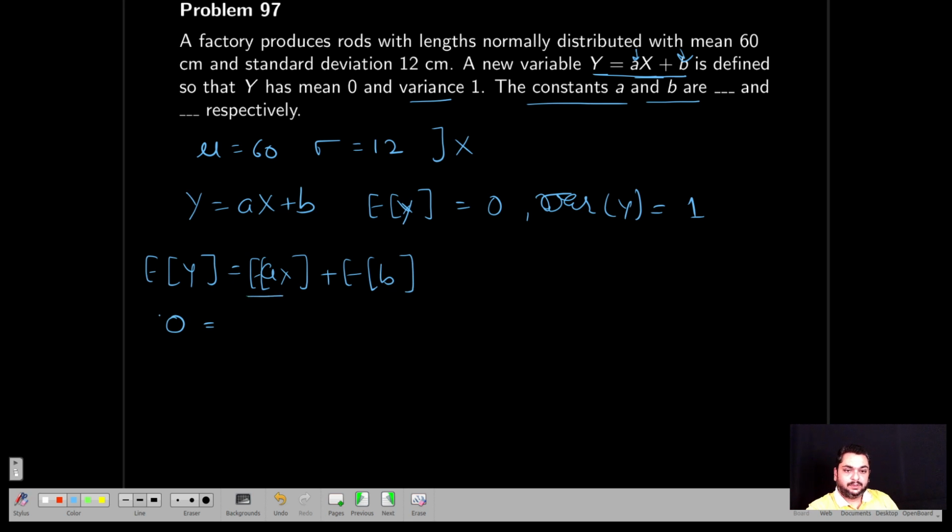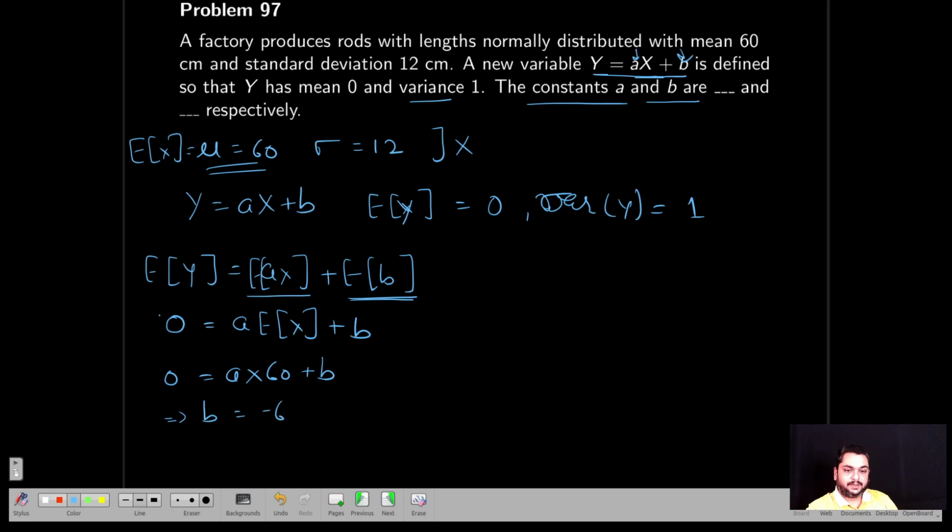So 0 equals A into E of X plus the expectation of constant B, which is B. What is E of X? E of X is mu, which is 60. So 0 equals A into 60 plus B. That implies B equals minus 60A.